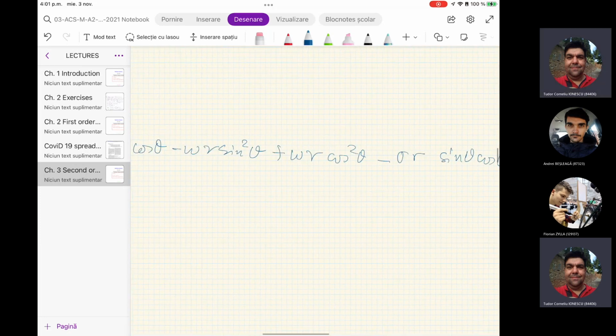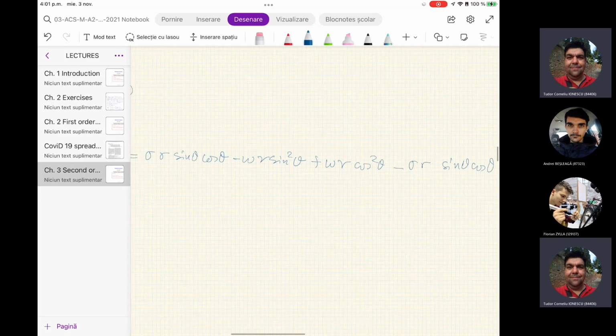So these are the computations of the nonlinear coordinate transformation. This term goes away with this term, and these two terms are added.